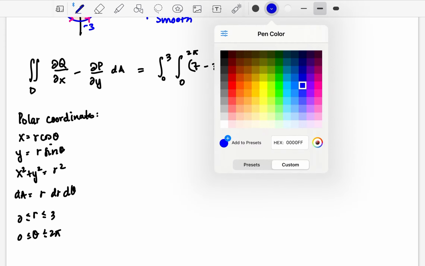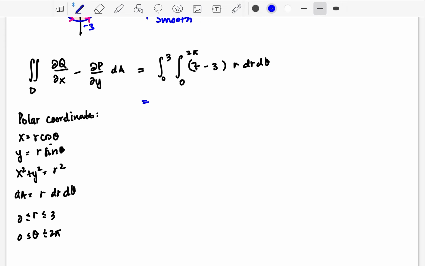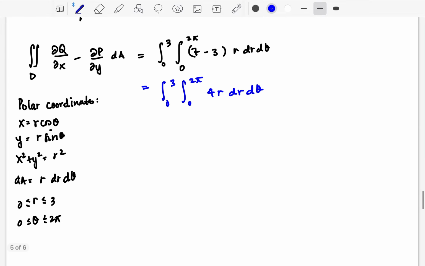All right, so this is just the integral from 0 to 3, the integral 0 to 2 pi of 4r dr d theta. And you know by now that I like to write this as the product of two integrals so that I don't have to do the iteration of integrals. So r goes from 0 to 3, I can take the 4r with me. So this is 4r dr times the integral from 0 to 2 pi d theta. There's like a 1 here.